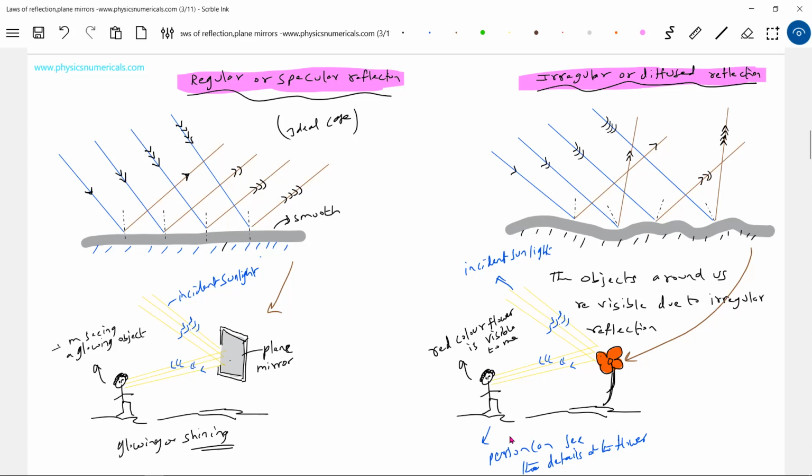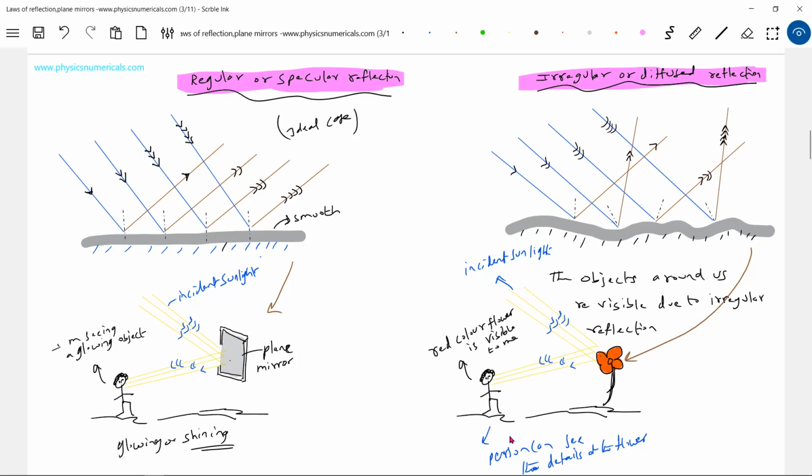If I go and stand in sunlight, you may not be able to see my body parts clearly, my arms, everything. Altogether, what you can see is some sort of glowing object. You may not even be able to guess that I'm a person.